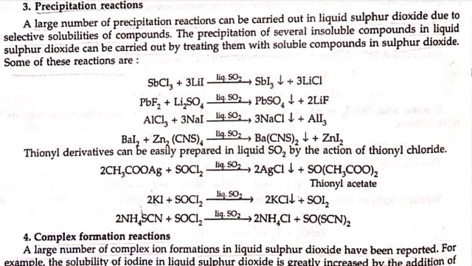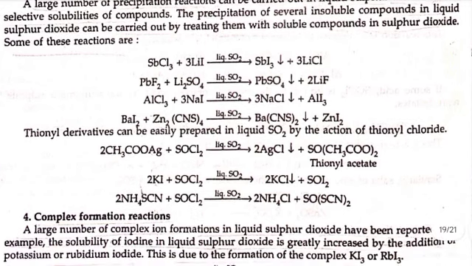Precipitation reactions. A large number of precipitation reactions can be carried out in liquid sulfur dioxide due to selective solubilities of compounds. The precipitates of several compounds insoluble in liquid sulfur dioxide can be obtained by treating them with soluble compounds in sulfur dioxide. Some of these reactions are given below.